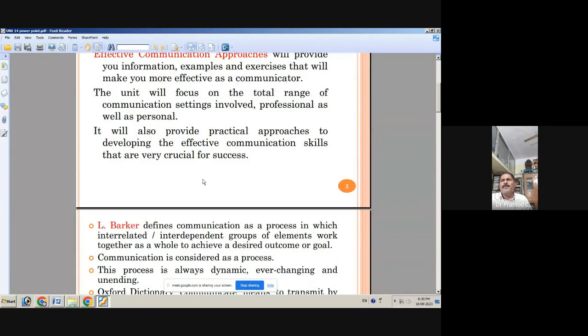It may be professional or it may be personal. It will help provide practical approaches to develop effective communication skills, and that is very crucial because we want success in communication.